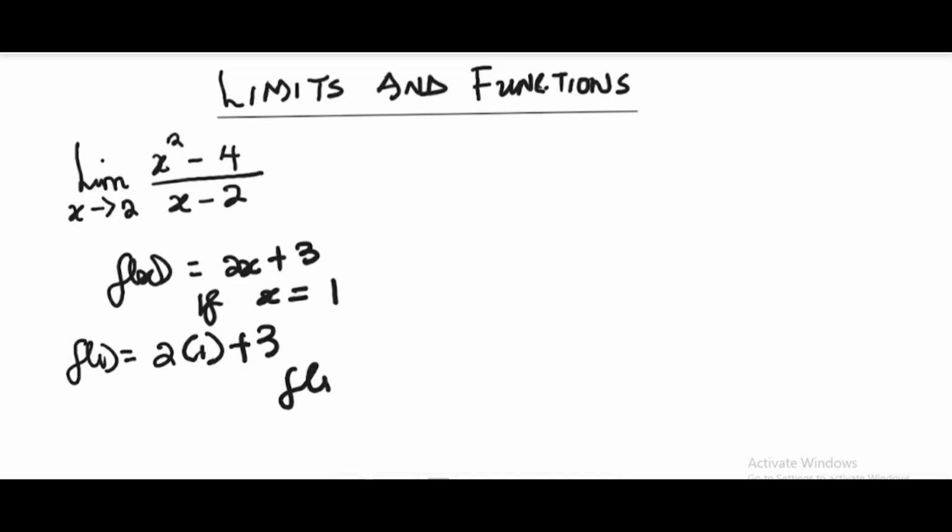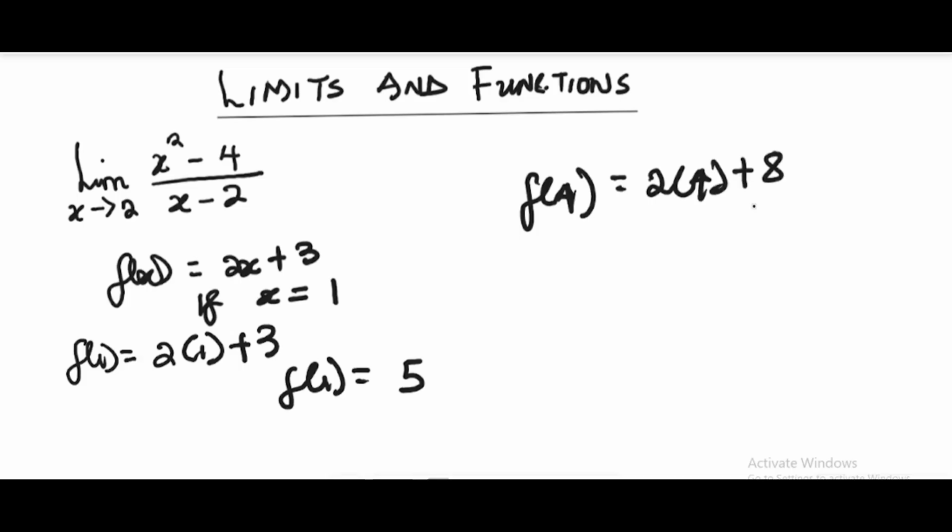So f of 1 is equal to 5. What if we put an input, let's say 4, into this same function? We will have 2 times 4, which is 8, plus 3, that is 11.